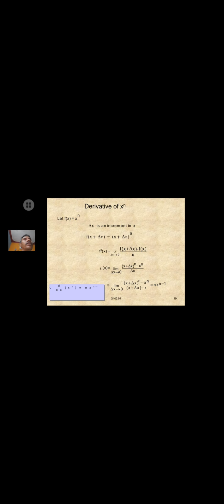Like this we can frame a number of formulas using the first principle. So we cannot always go through the first principle. Some we did, and we can take them as direct formulas of differentiation. So, derivatives of standard functions.